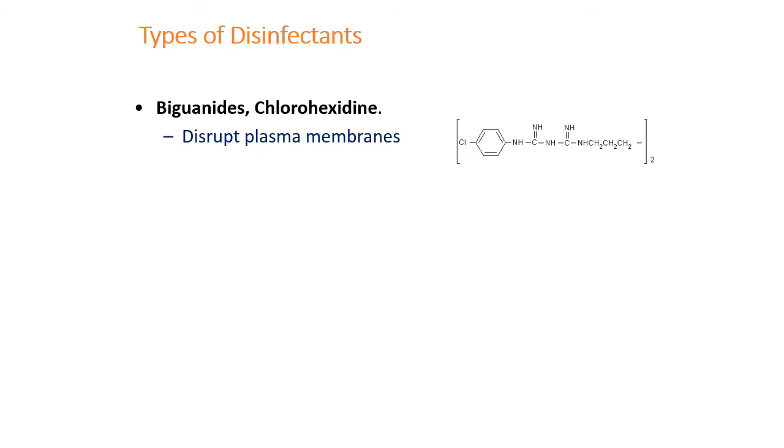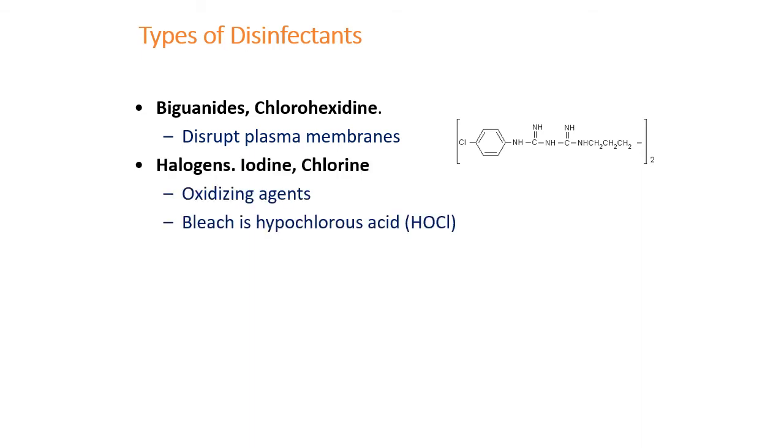The different types of disinfectants, the ones which can be used typically on skin, and might be contained in, for example, contact lens solution, are things like the biguanides such as chlorhexidine. These are long molecules that disrupt the outer membrane of a bacteria. Then next we have halogens, iodine, chlorine, etc., which are basically oxidizing.